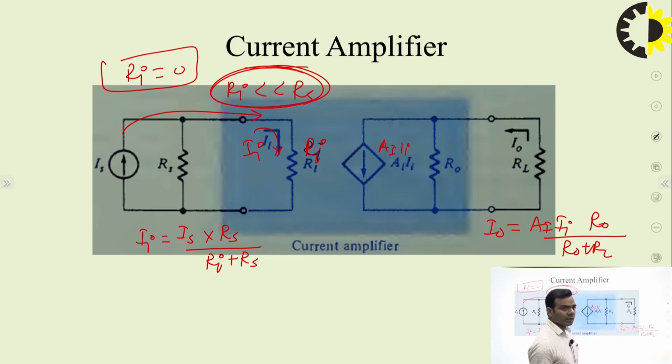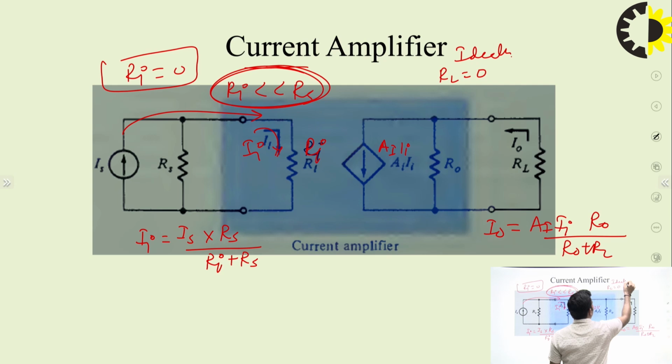R naught should be as high as possible. So we can say that RL should be 0 ideally, and ideally R naught should be infinite so that the maximum current of Ii should flow through RL.